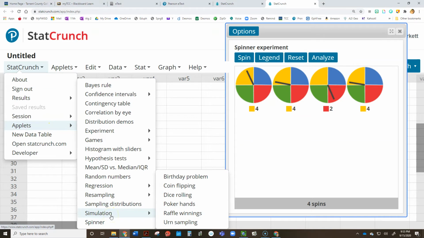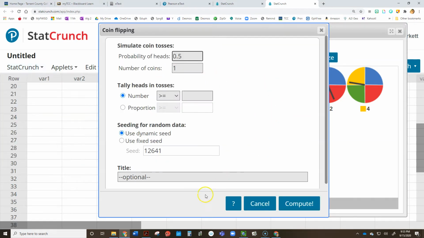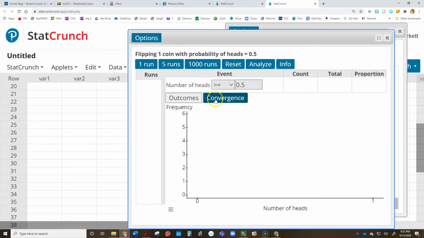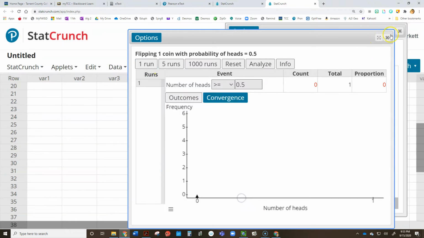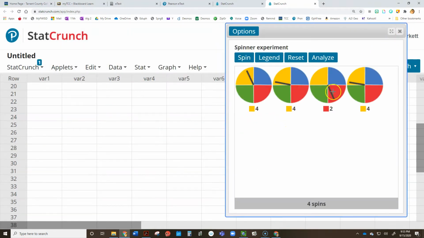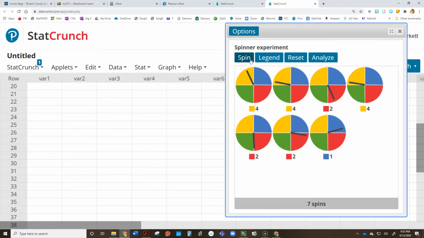Let's see, yeah, coin flipping. I don't know what the probability of heads is. Let's just see what happens. I'll close it. But here I'm actually spinning the spinner and recording what happens. Okay, so this is experimental.